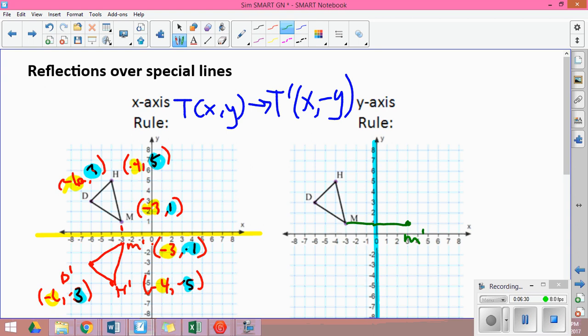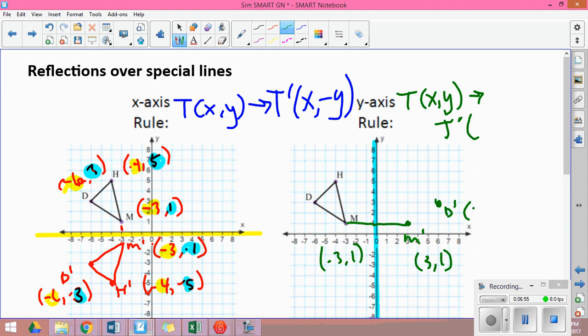Or we could think about a rule that says what happens to my new figures. So if M was at -3, 1, and M prime goes to 3, 1, we would expect D being at -6 is going to end up over here if I fold in half. D prime is going to be at 6, 3.